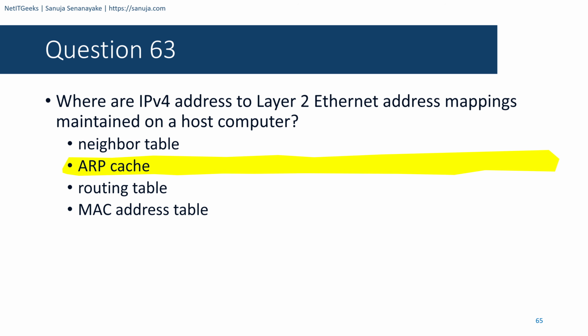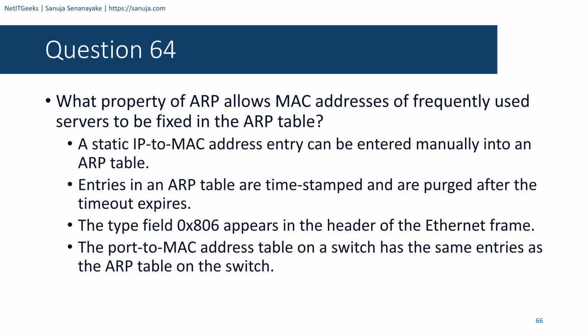It is the ARP cache table. The ARP cache table will keep the layer 2 Ethernet address mapping on the host computer. Remember, what is layer 2? Layer 2 is MAC address, ARP. Layer 3 is the IP, routing, right? Keep that in mind.